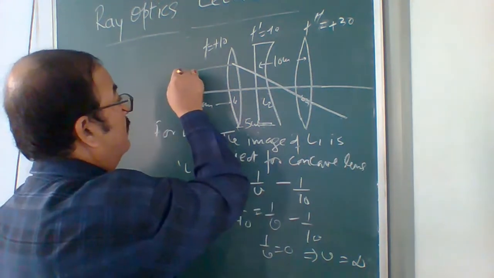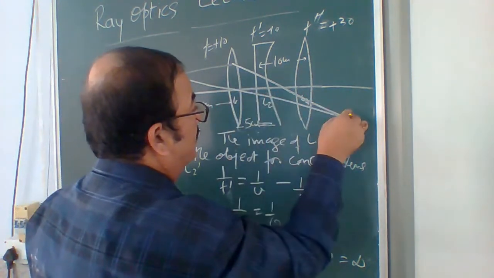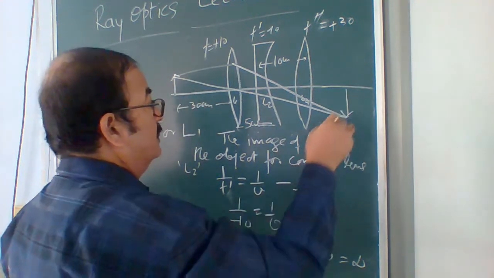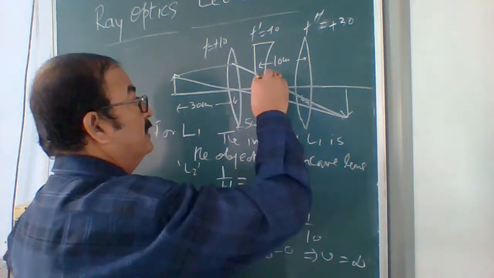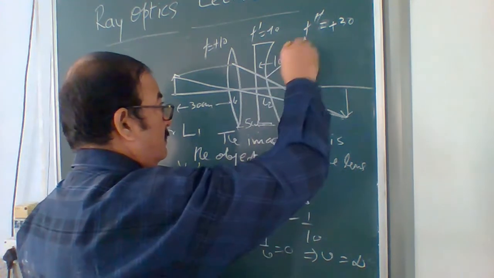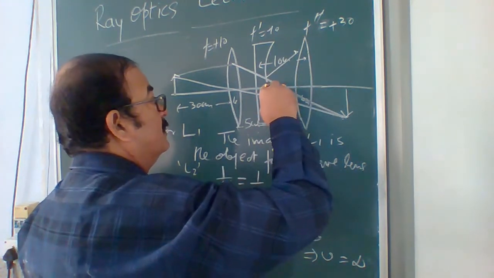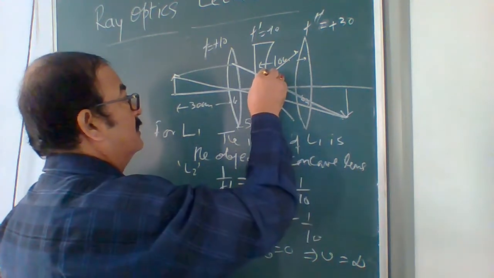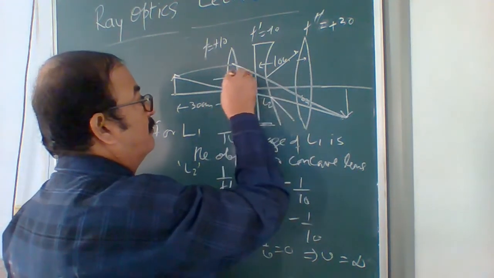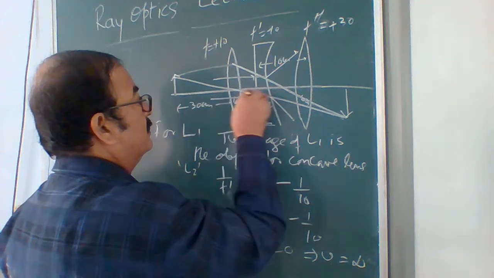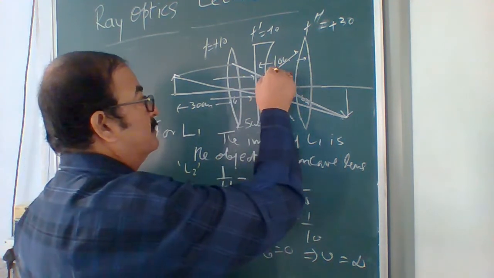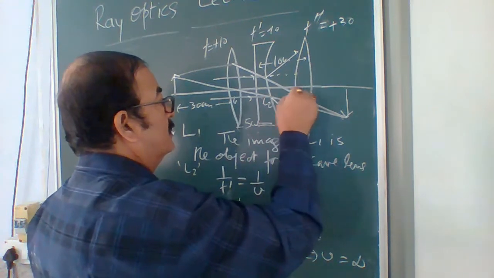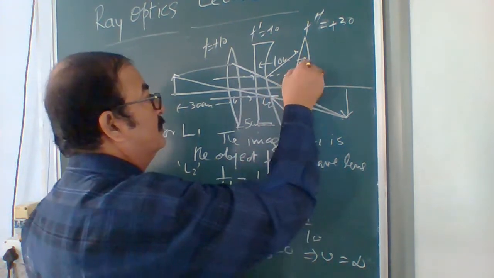In the same way we can assume that this would be the image, and finally it can be diverted, okay, and they become parallel rays, and such parallel rays will now come to lens 3.